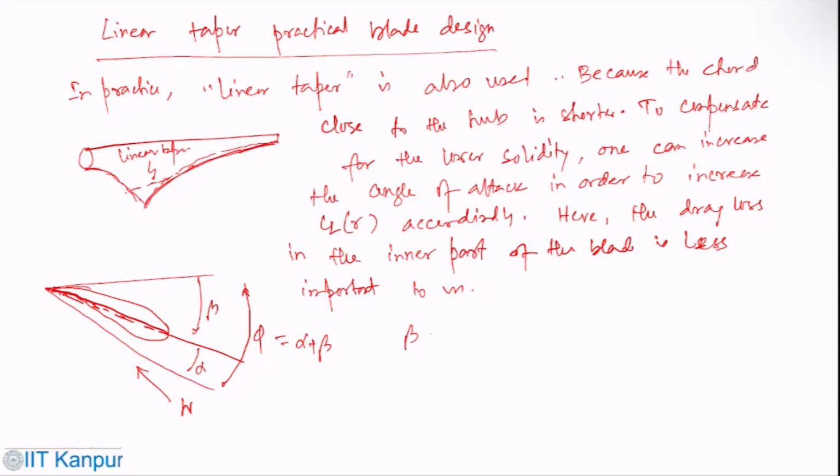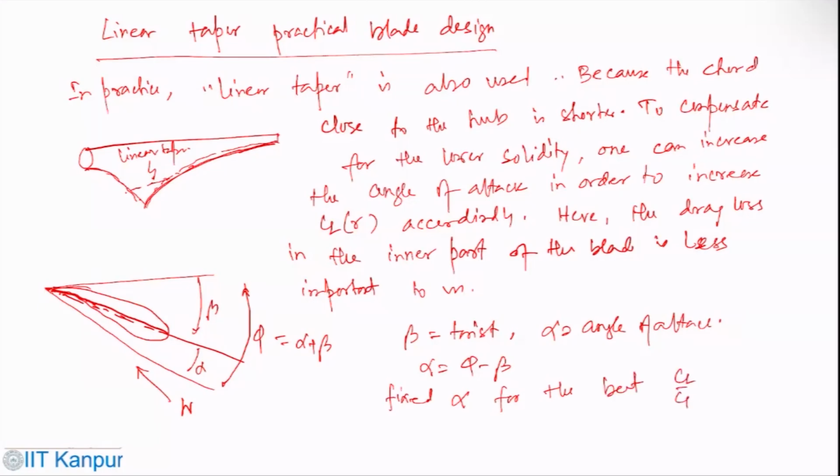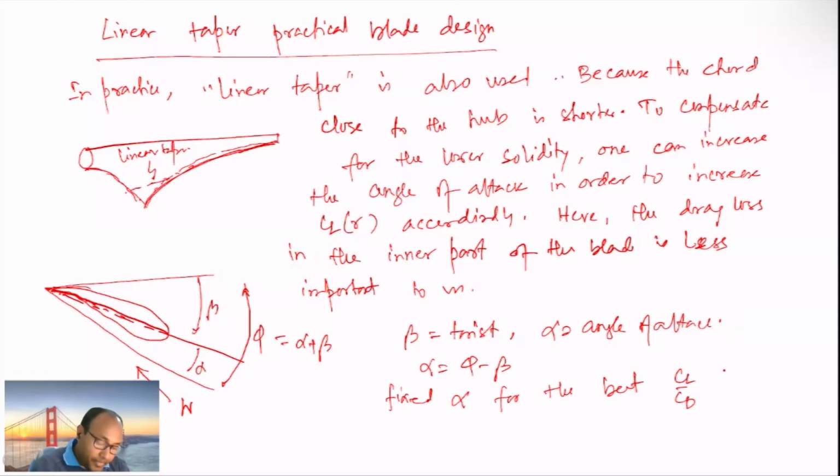So here beta is twist, alpha is angle of attack. So alpha becomes phi minus beta. So for fixed alpha, for the best CL by CD, you can optimize the CL by CD, which is going to be the best. For that, you can fix the alpha.